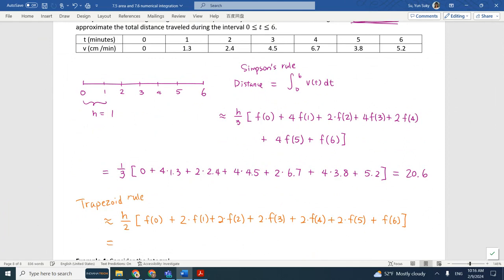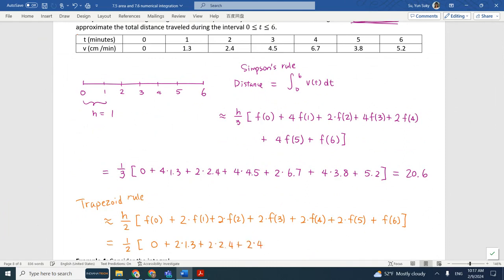Okay, what's h? 1. So 1/2 times f of 0, which is 0. So go into your calculator, you don't need to re-enter everything. You can go back to the previous line and change the 4 to 2.